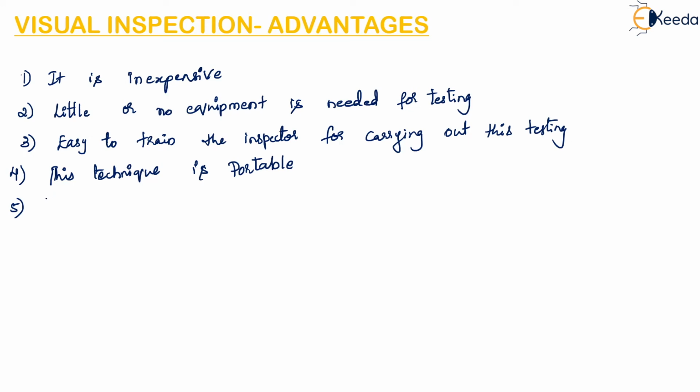If there is some rust, in case of other types of inspection we have to remove the rust before testing. But in case of visual inspection, we need not prepare the part before the inspection is carried out. So here minimum part preparation is needed.